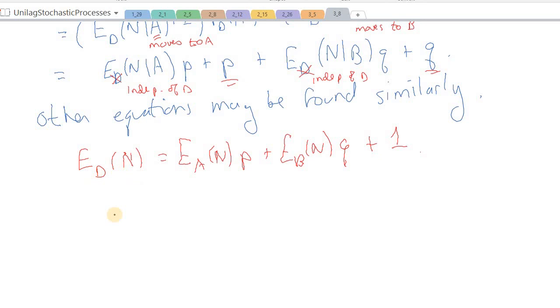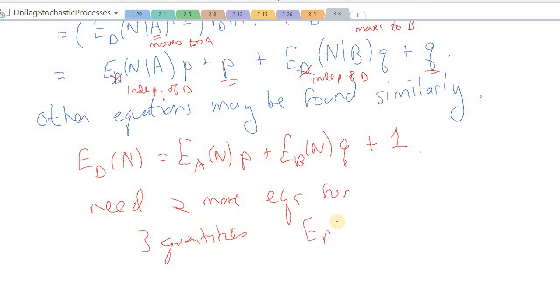Okay, so that's one equation, and we need 2 more equations for these 3 quantities: E_D of n, E_A of n, and E_B of n. And once we have 3 equations and 3 unknowns, we can solve the problem. Okay, so it's as simple as that.